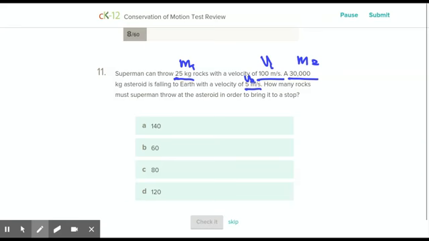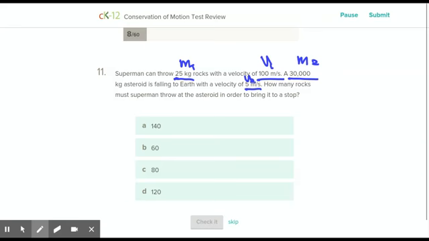How many rocks must Superman throw at the asteroid in order to bring it to a stop? So how much momentum the asteroid has going towards the Earth is how much momentum Superman has to put in there, right?